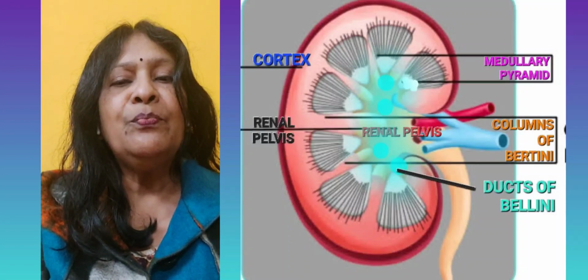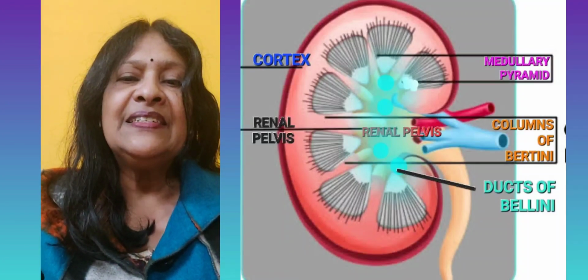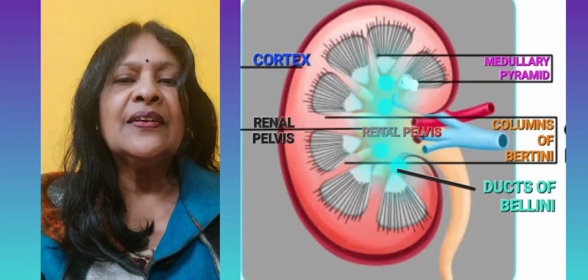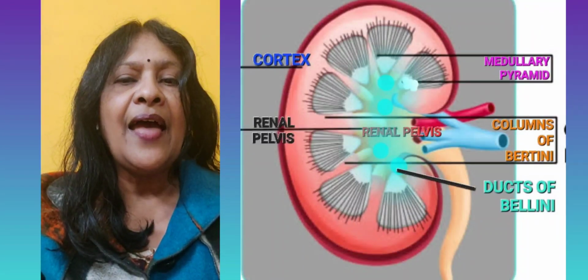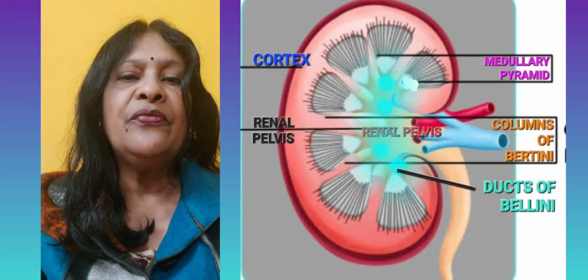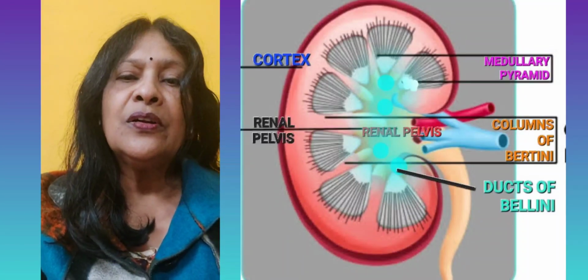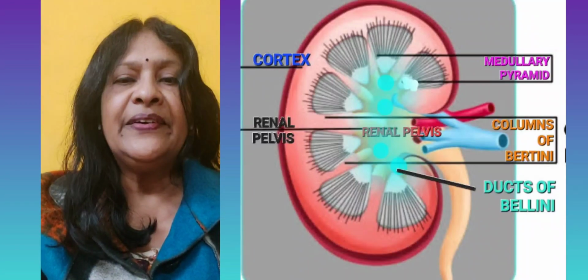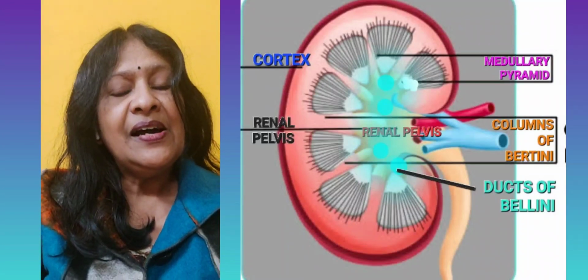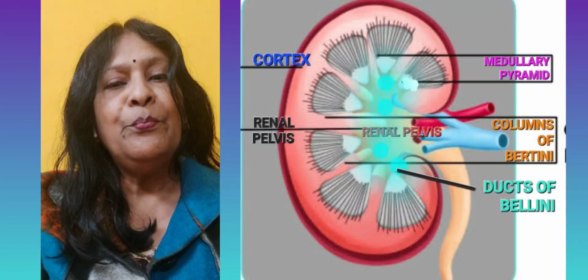The columns of Bertini spread out into the medulla between the pyramids and ensure that the thin tubular parts, that is the collecting duct and the loop of Henle, do not form a knot and do not prevent the proper filtration of the blood passing through it. We have another duct, which we call the duct of Bellini.